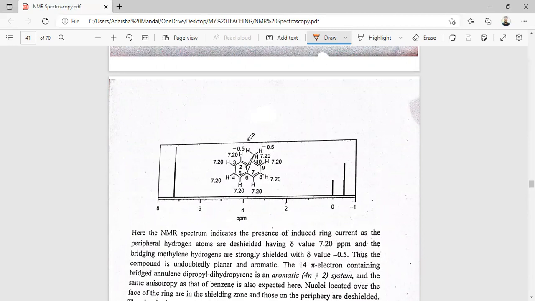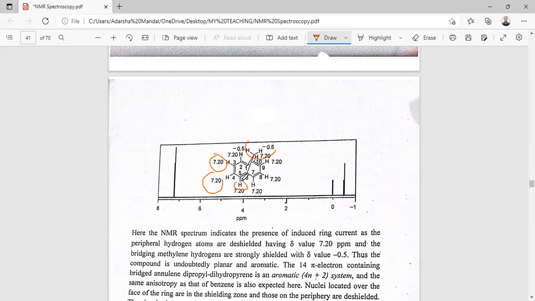Here, this is the bridging methylene group. This bridging methylene group has a delta value of 0.5, and in the aromatic region, these hydrogens have delta values at 7.2 ppm. That is because all these hydrogens are in the plane of the benzene ring.